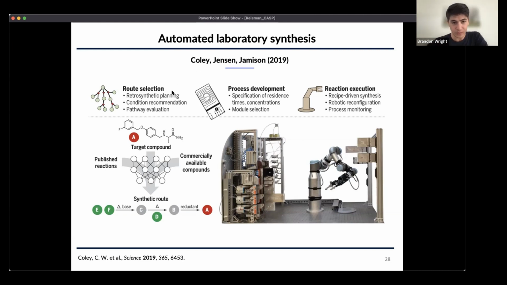So like I said, this involves route selection and ASKCOS is the brains here. It develops the different reagents and the different reactions that are possible. And then the robot actually carries this out in the laboratory.